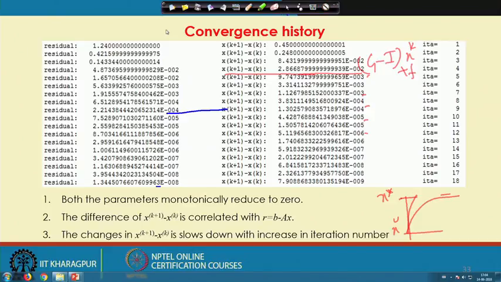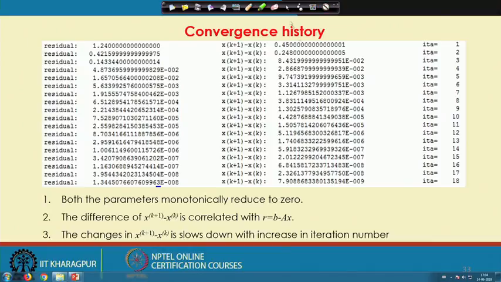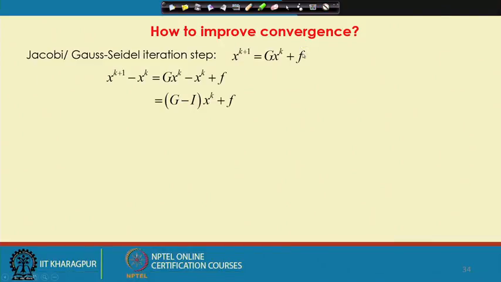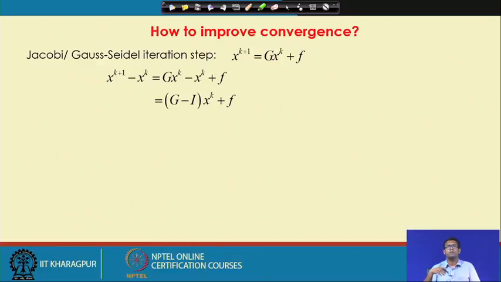So, what we will do here is look into this difference, and see if we can increase it, because every time we approach the final solution by adding some value to x k and getting x k plus 1. What we are adding here is G minus I x k plus f in Gauss-Seidel or Jacobi.